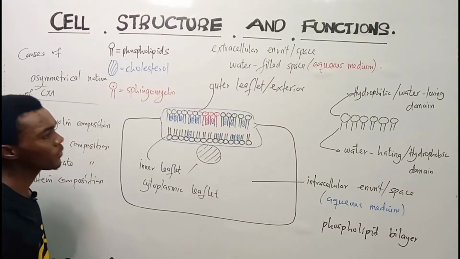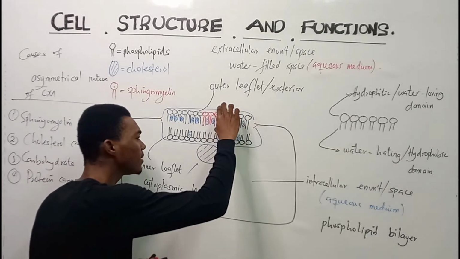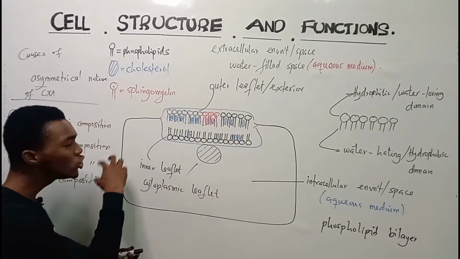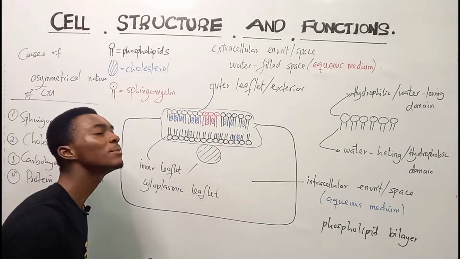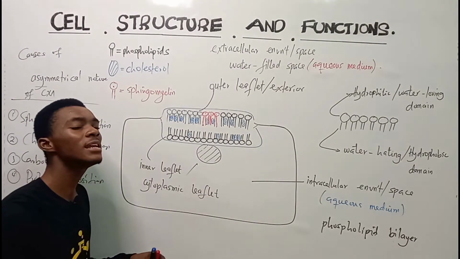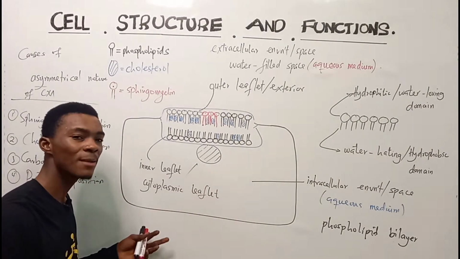Awesome. Now, one last important difference that you have to take note between the outer leaflet and the inner leaflet, contributing also to the asymmetrical nature of the cell membrane, is about the phospholipid types. Remember, we said that later on we talk about the types of phospholipids that we have in the cell membrane. This is the time to talk about that.